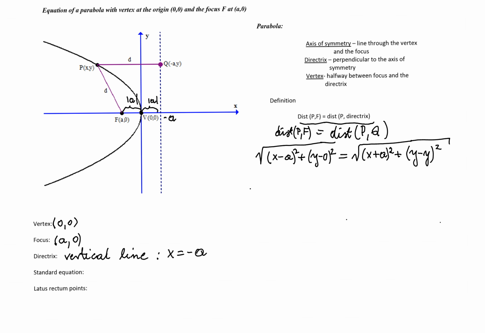And we have the equation that shows the relation between x and y of any point on the parabola.